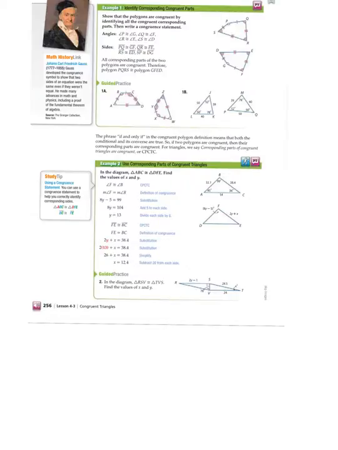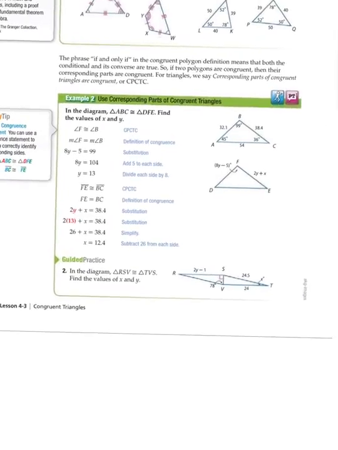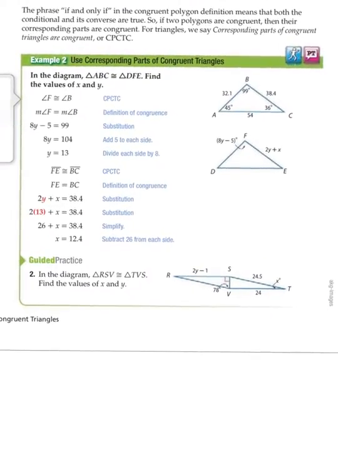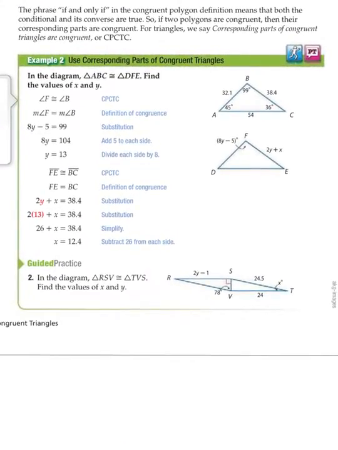Now, as we look at example 2, we'll make it a little bit bigger for us to see. Let's look at how knowing what my corresponding parts are allows me to find some missing measures.